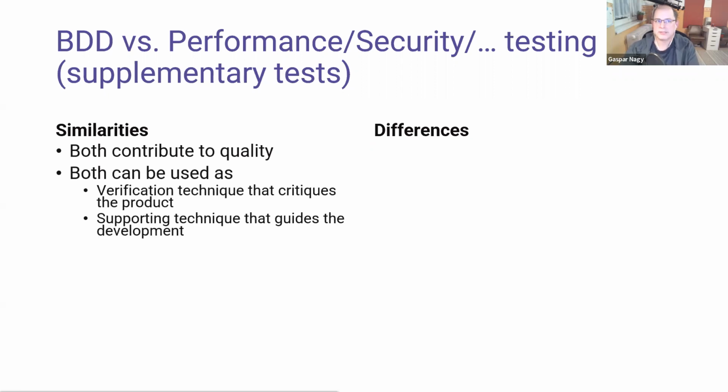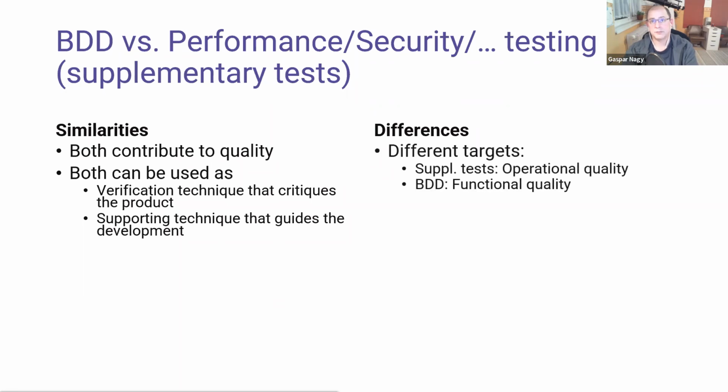They both can be used as a verification technique, which is verifying whatever we have, or a supporting technique, which is helping you to guide the right thing from the beginning. Of course, for supplementary tests, this supporting role is not that trivial, so you need to be tricky for that. But there are also some differences.